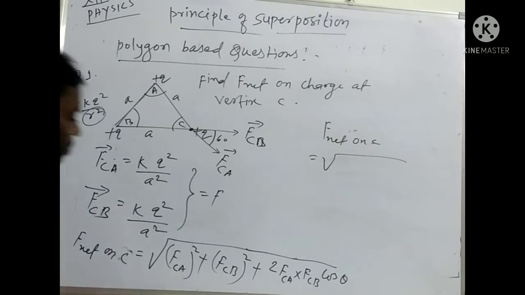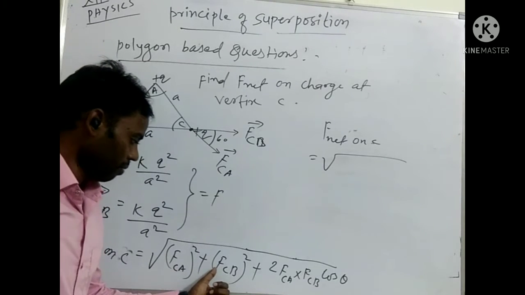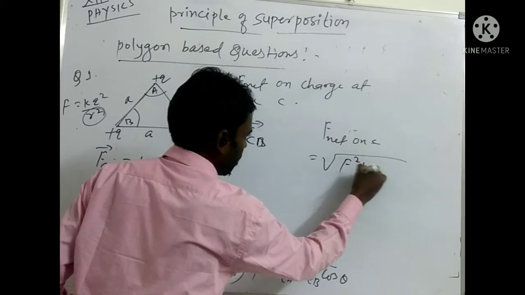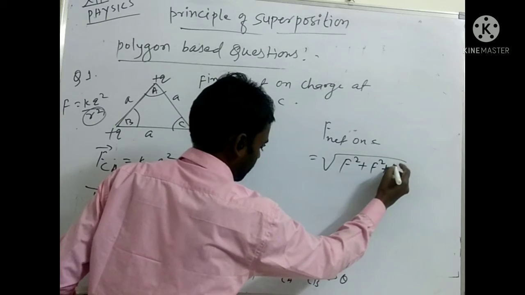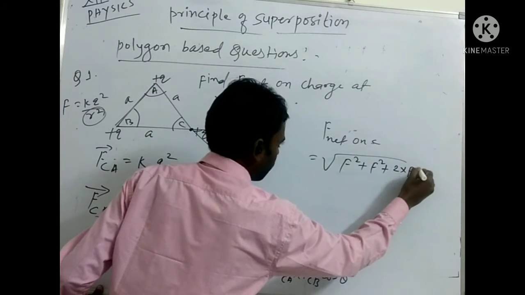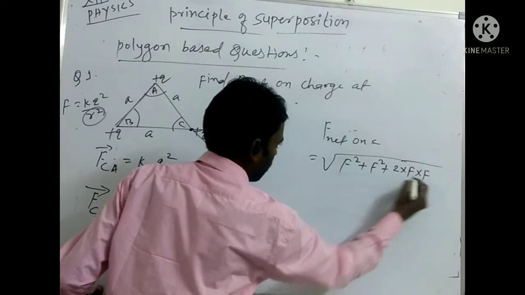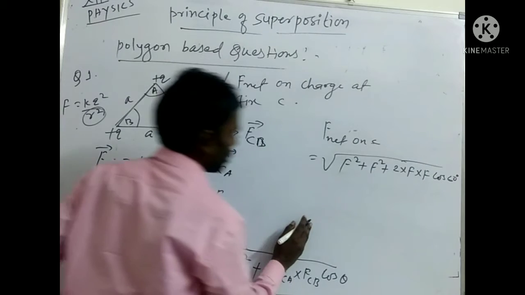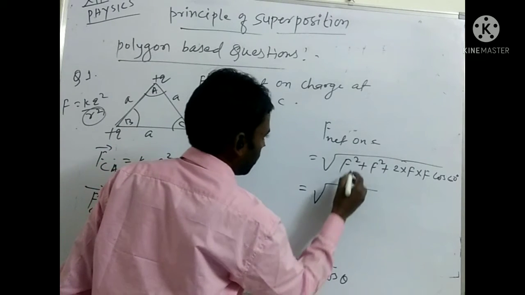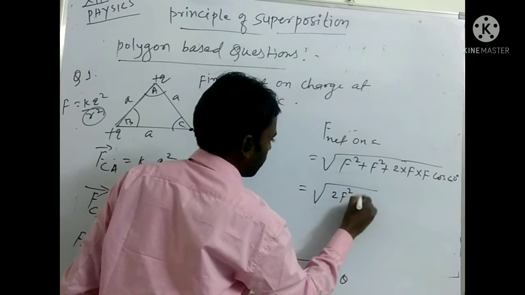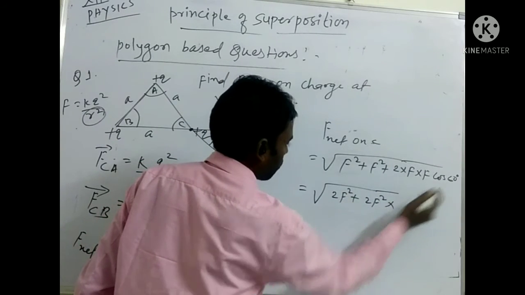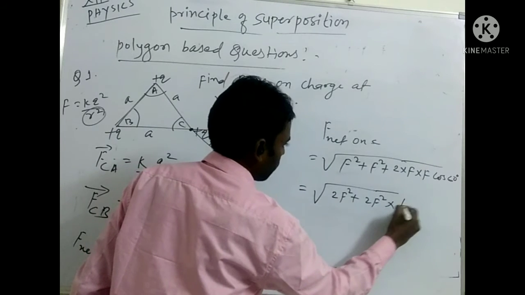That is F, so we can put F in place of each. Our equation will be root over F square plus F square plus 2 into F into F into cos 60 degrees. The value of cos 60 is 1 by 2.